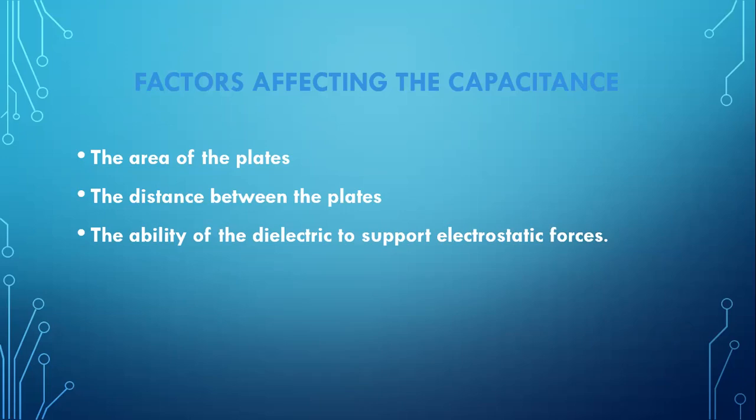And the last one is the ability of the dielectric to support electrostatic forces. The ability of this dielectric material to support the electrostatic forces also determines the amount of charge stored. So we've seen all three factors affecting the capacitance.